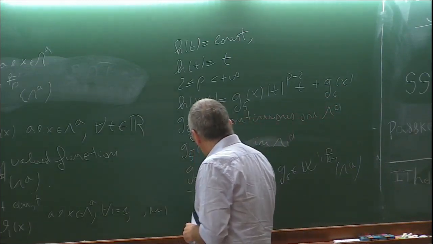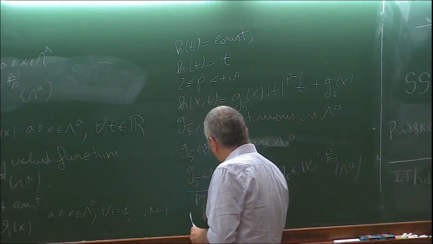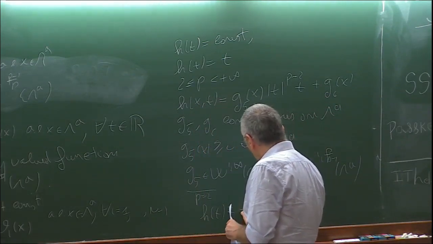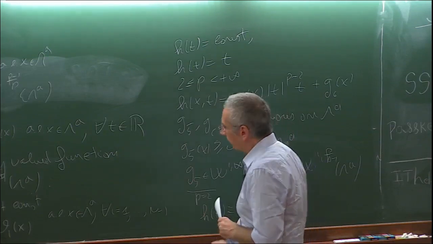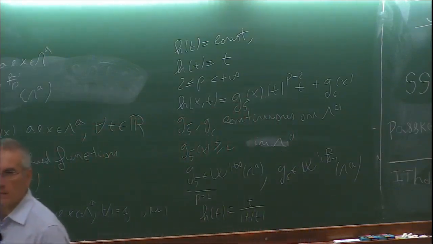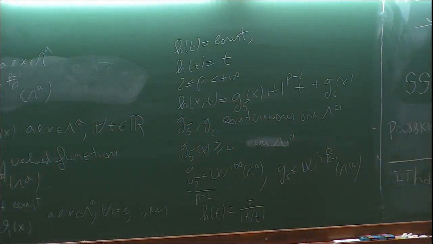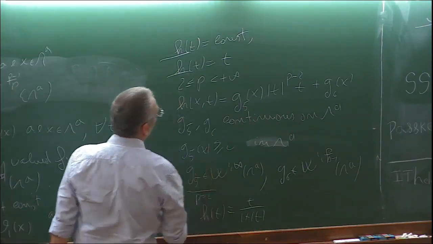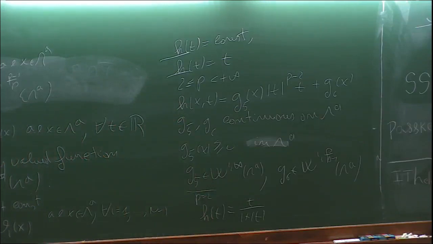If p equals 2, also the function H of t equal to t over 1 plus modulus of t satisfies this assumption. Then you can verify that this function satisfies all these assumptions.